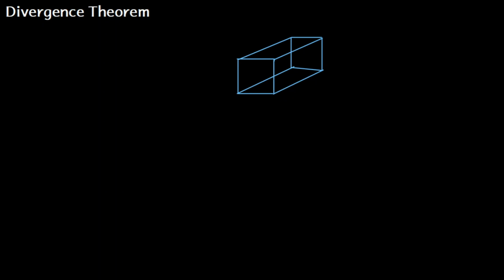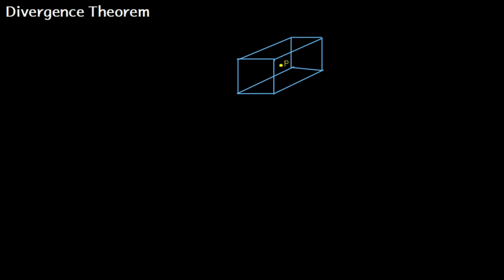I will consider a point P at the center of this box, assuming that this is a cuboid. Please don't be very serious about the length and width of the box which I have shown on the board. Just assume that it's a cuboid where P is exactly at the center, such that it is at equal distance from front and back, top and bottom, and sideways also. So this is very important.